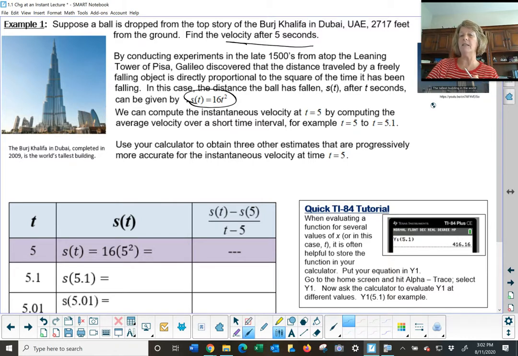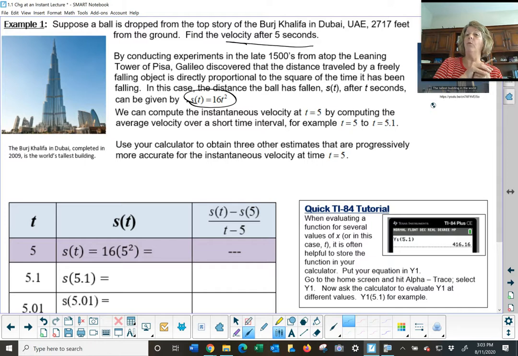We can compute the instantaneous velocity at 5 by computing the average velocity over a really short period of time. Now, when we did my average velocity to Mapleton, we did it over a 2-hour spread of time, right? If I bring that time frame in, I'm going to get closer to an instant. Maybe I do it over a 1-minute period. Maybe I do it over a 30-second time frame, or lessen it and lessen it.